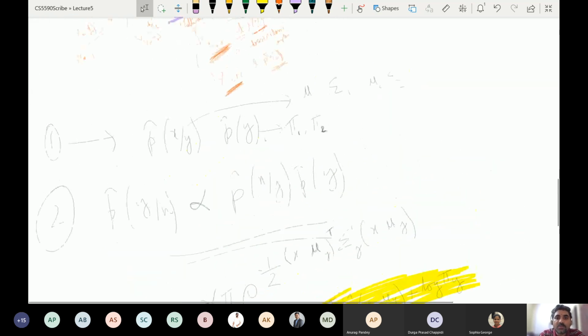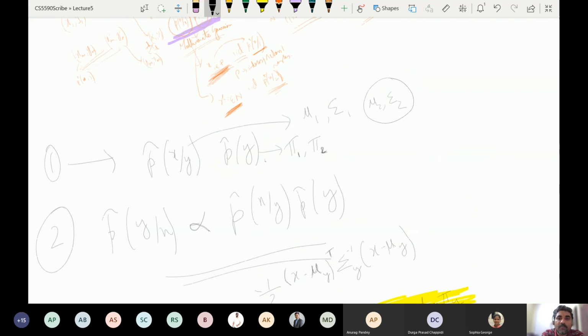So what is mu 2? Let's go back. So what is mu 2? It is the parameter for the Gaussian that models x given 2. This is x given 1. So you take all the points labeled as 2 in your training set and compute the sample mean and sample covariance. That is mu 2 sigma 2. Okay, got it.